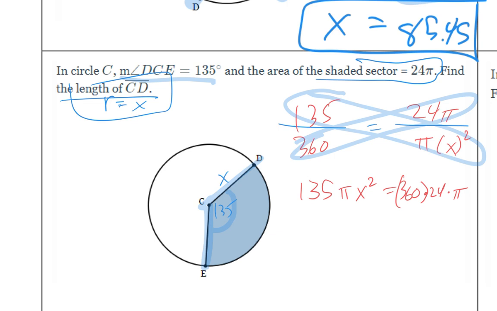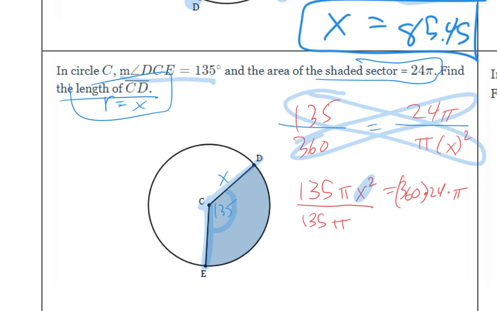Let's think about what we're trying to do, though. We're trying to get to x, right? But we have x squared, and we have it times 135 and pi. So we want to get this by itself first before we deal with that squared, right? So we need to get rid of everything else, right? How do we get rid of it if they're multiplying? That's right, we divide. What do we want to divide by? We always divide by what we want to get rid of. We want to get rid of the 135, and we want to get rid of the pi, right?